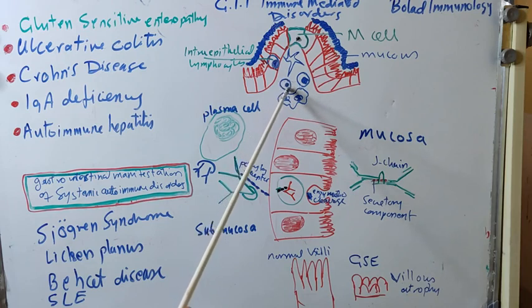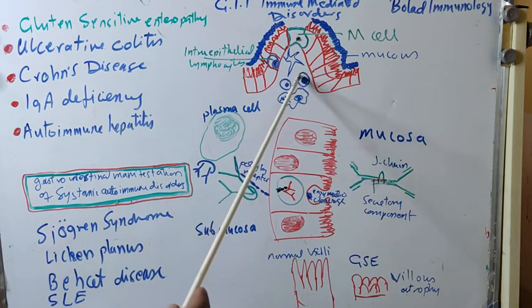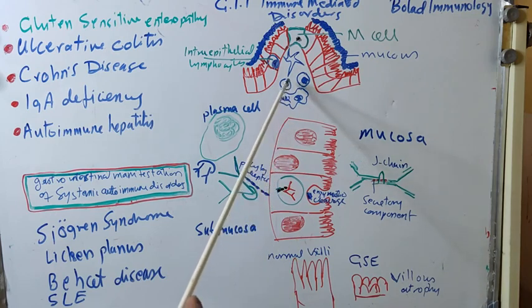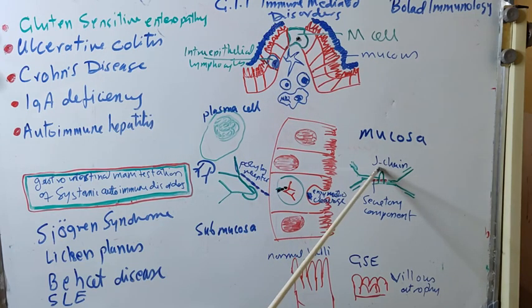As can be seen here, these are B cells, but however we also find T cells, dendritic cells, and macrophages. These B cells produce secretory IgA antibodies that confer protection for the mucous membrane.